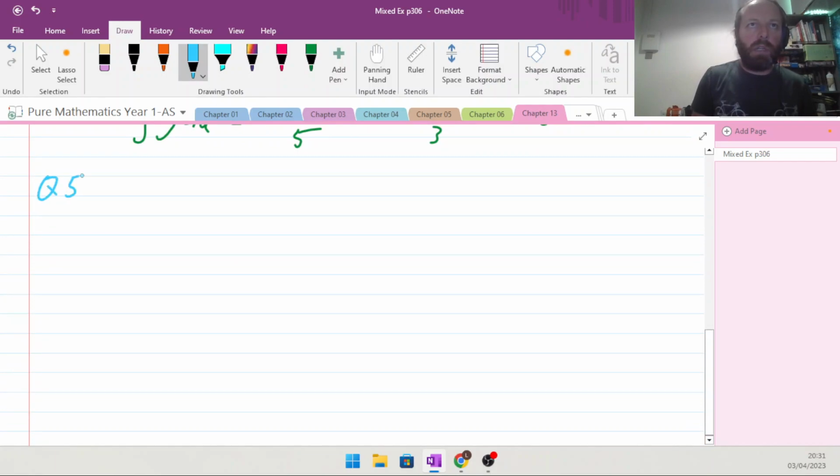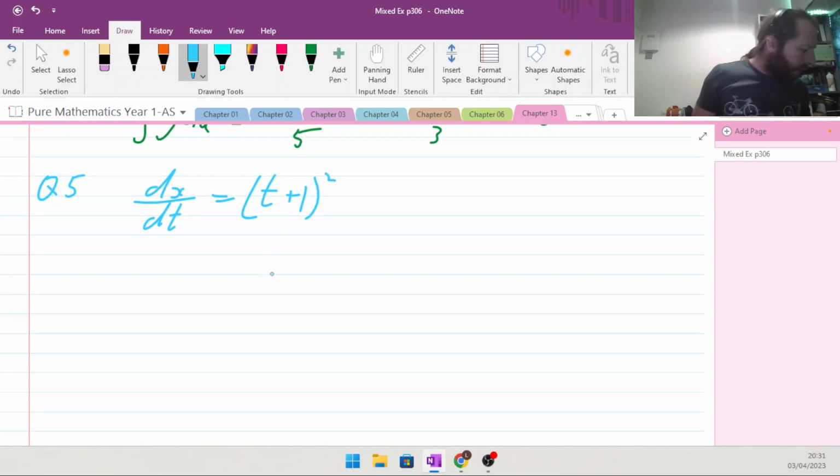Jumping straight in to question 5. Given that dx over dt, so the differential of, is equal to t plus 1 squared. Okay, and we are told that x equals 0 and t equals 2. Okay, find the value of x.